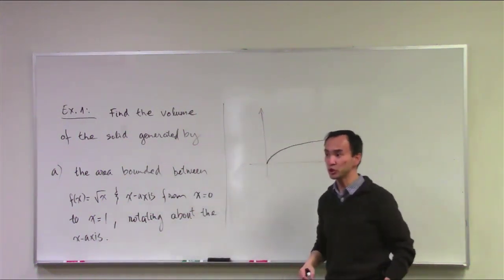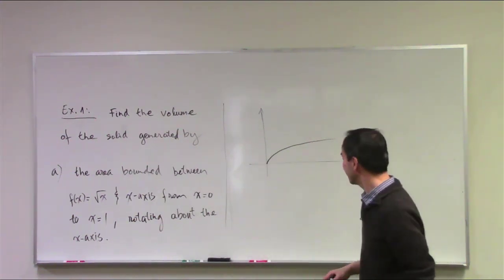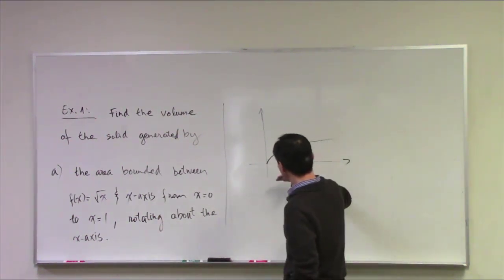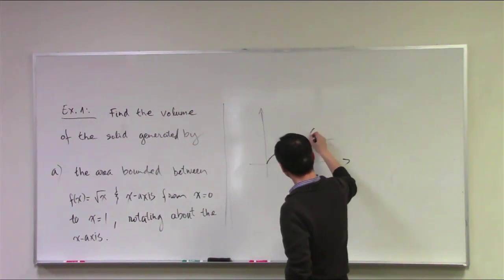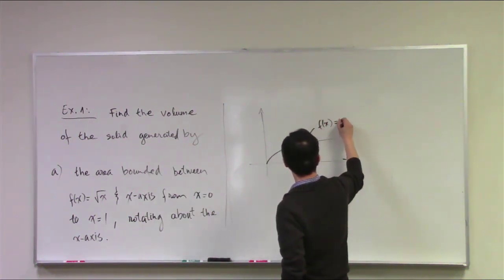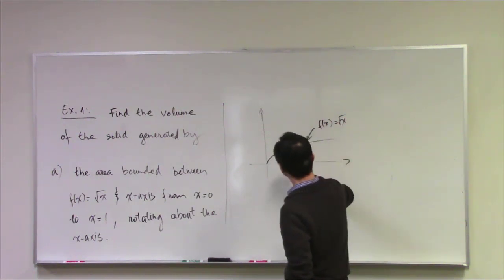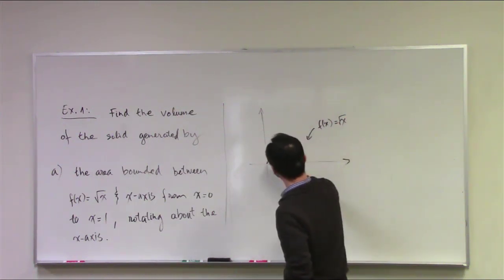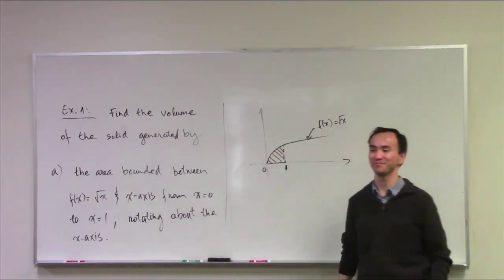We don't have to get too precise. Between the x-axis and the curve right there, f of x equals square root of x. Very good. Let me scale it up a little bigger so I can easily read it. So from x equals 0 to x equals 1, really we have this area. You guys follow it? Okay.